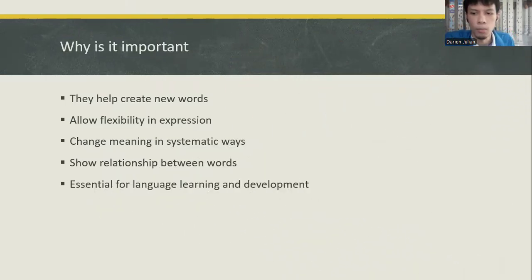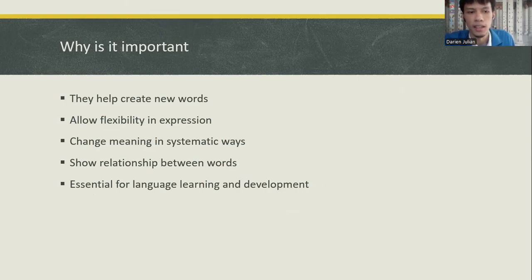So why is it important? There are 5 important elements of derivational morphemes. One is they help create new words. Derivational morphemes are one of the main ways we expand our vocabulary, by adding prefixes or suffixes so we can form entirely new words from existing ones.